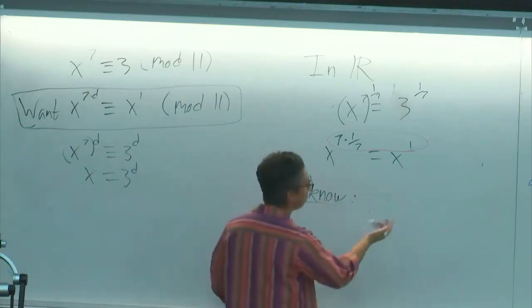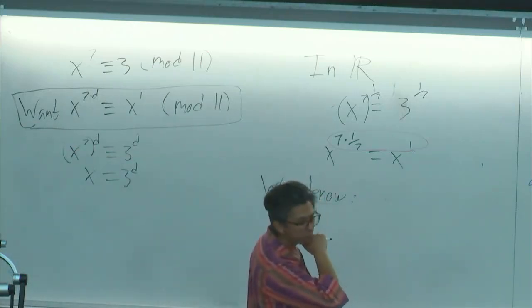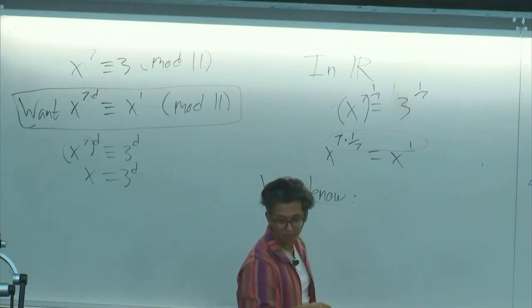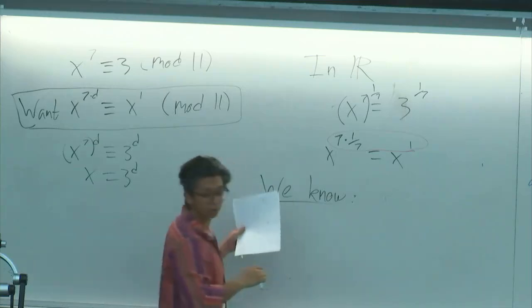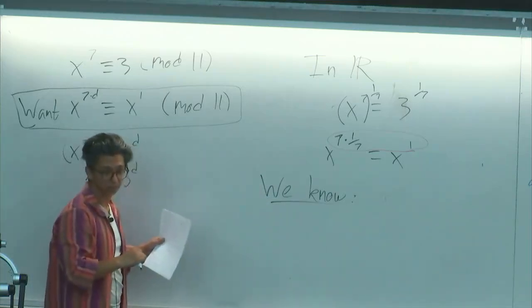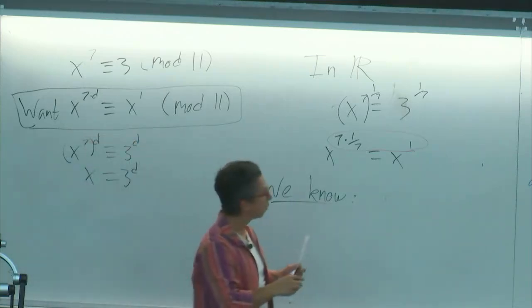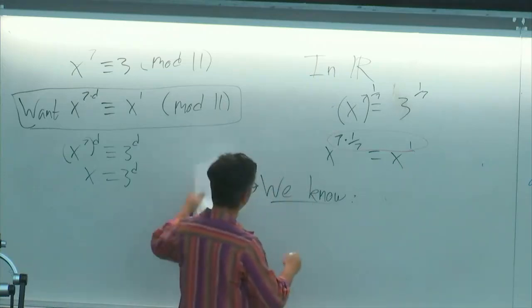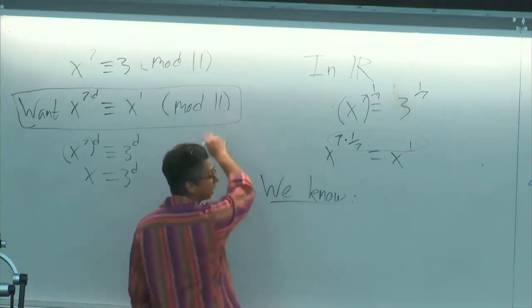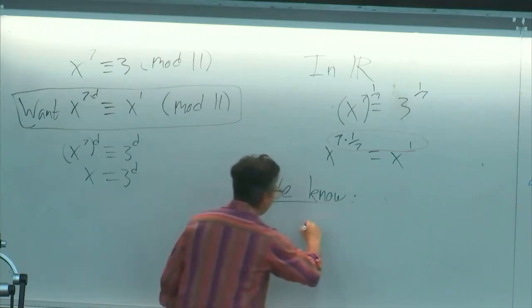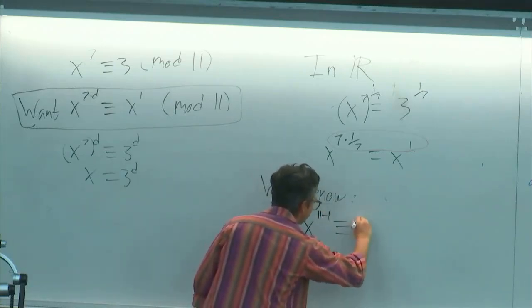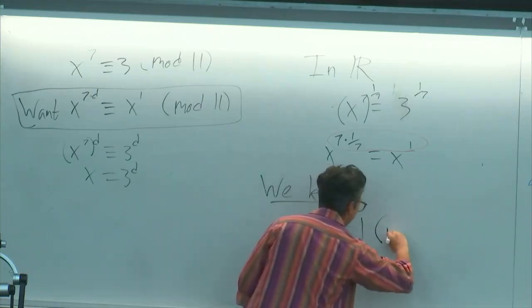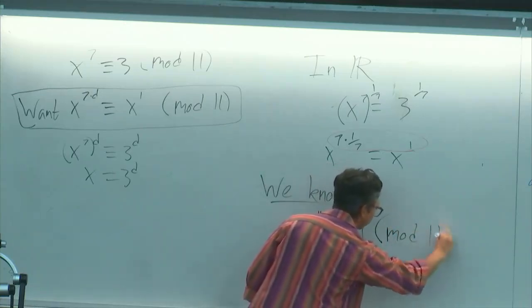OK. So what do we know so far? Not too much. Yeah? 7 and 11 are relatively prime. That helps us. And what we also know is we don't know too much, but we do know something special. Because 11 is prime, we know that x to the 11 minus 1 is going to be congruent to 1 mod 11.